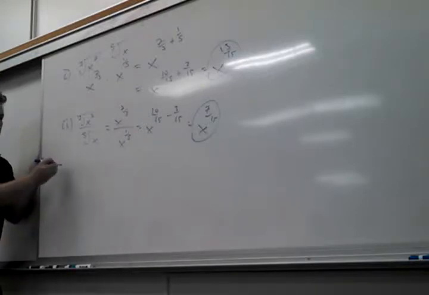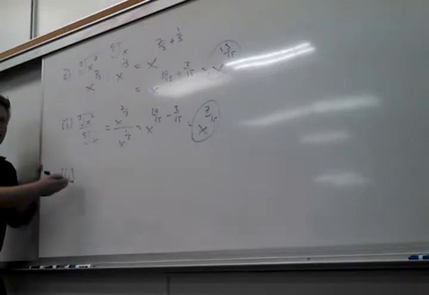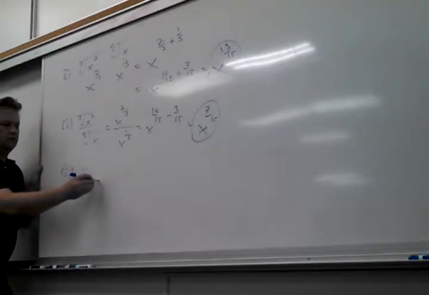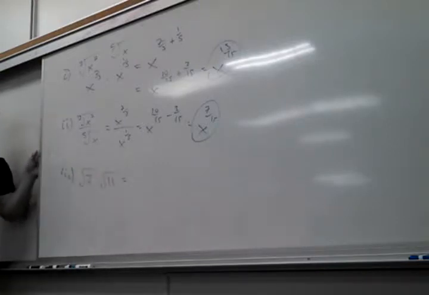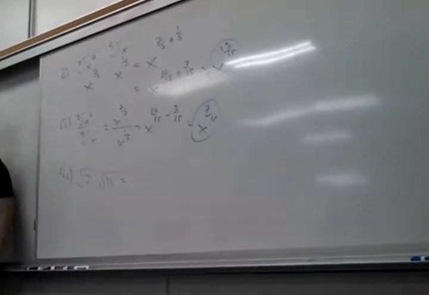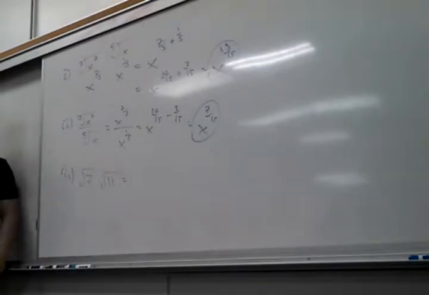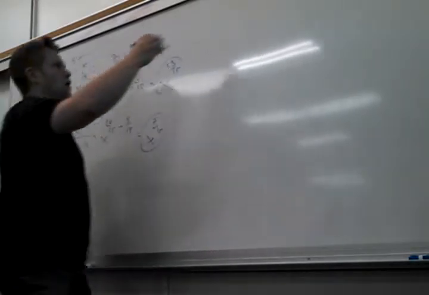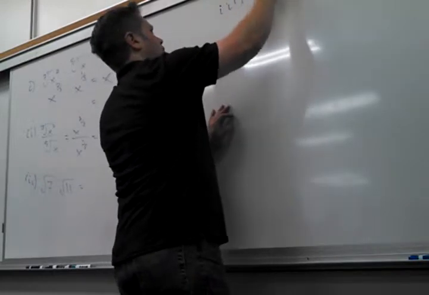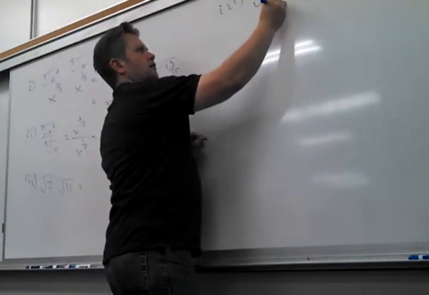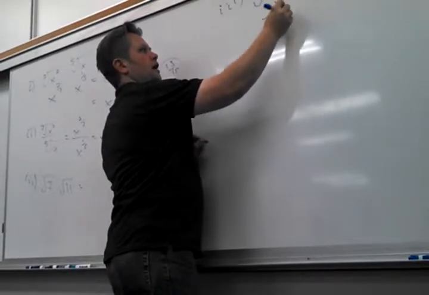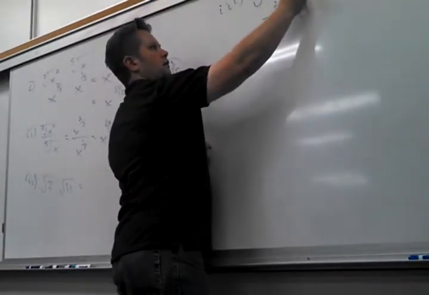So let's see what that really means. If I have the square root of 7 times the square root of 11, do they have the same root? Yes, so I'm allowed to multiply. So you multiply the 7 and 11? I love it. And let's really analyze why. I know you guys don't trust it when it looks too easy. This would be 7 to the 1/2 times 11 to the 1/2.